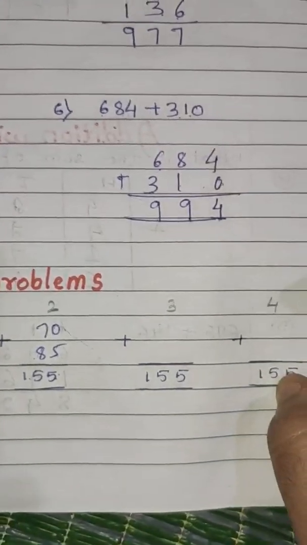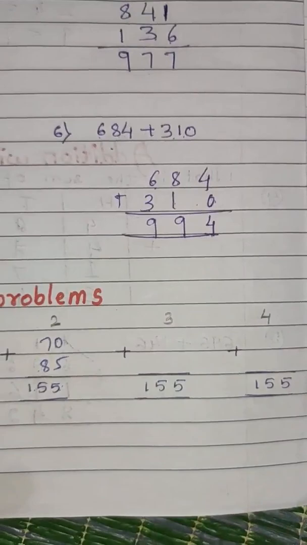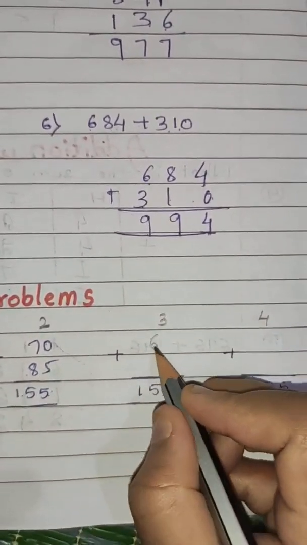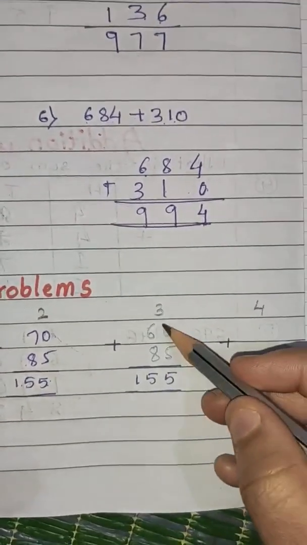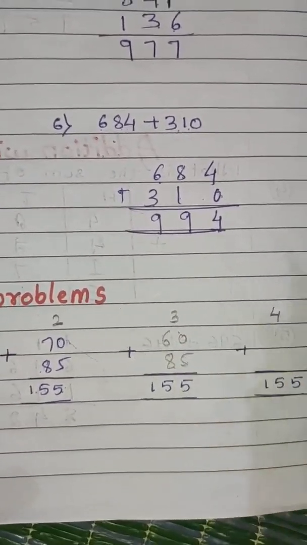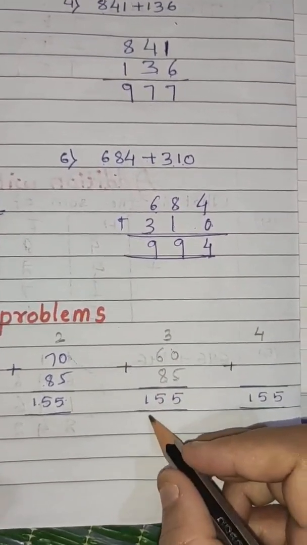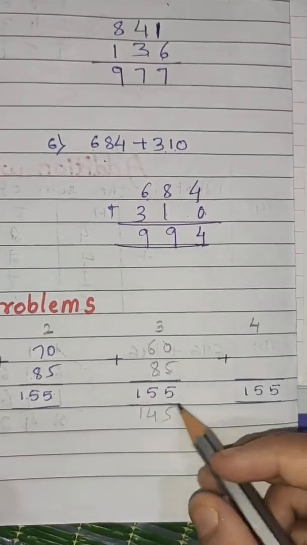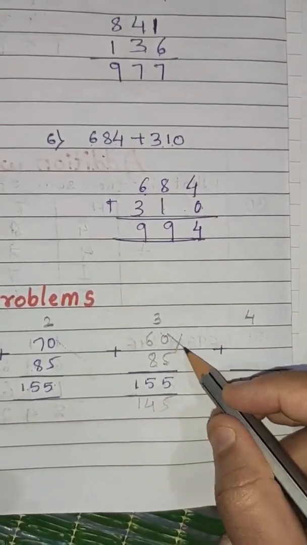Now let us frame one more problem. I am going to write 60 plus 85. 0 plus 5 is 5. 6 plus 8 is 14. The answer should be 155, so it is wrong.